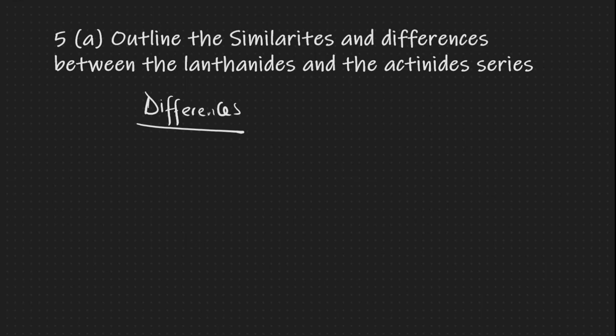These two series, despite the fact that both of them are F block elements, have differences. The first difference between the lanthanides and the actinides is that the actinides can form complexes easily, while the lanthanides do not form complexes easily.